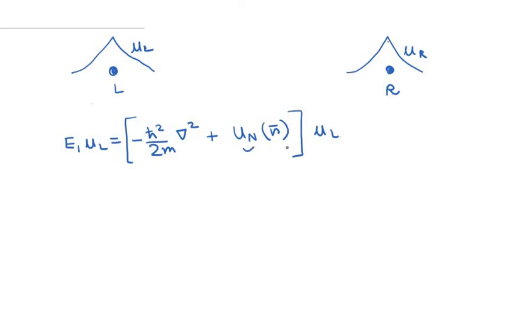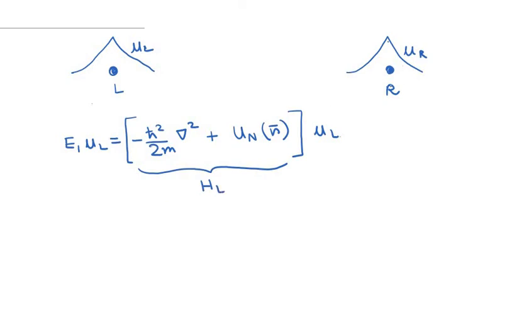This UN corresponds to the potential energy created by the nucleus of this left atom over here. This entire thing is known as the Hamiltonian of the system; we will call it HL, L for left.